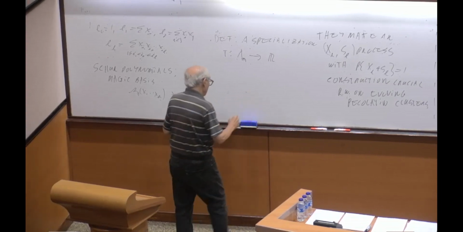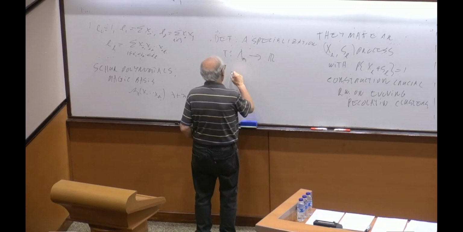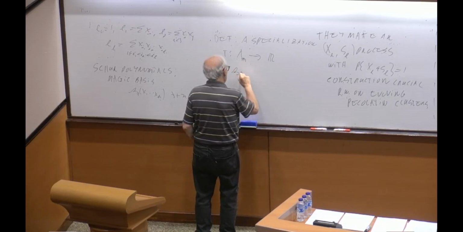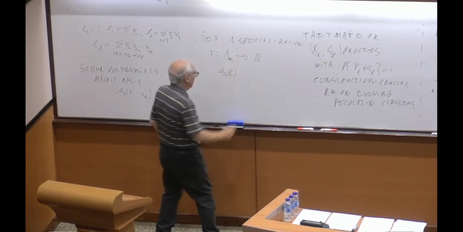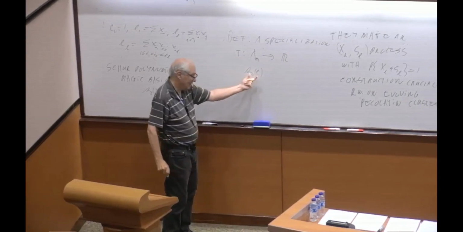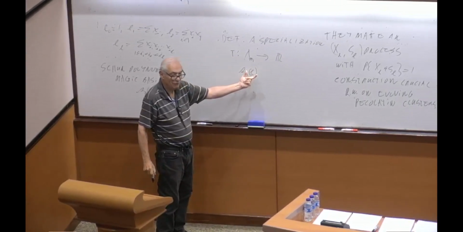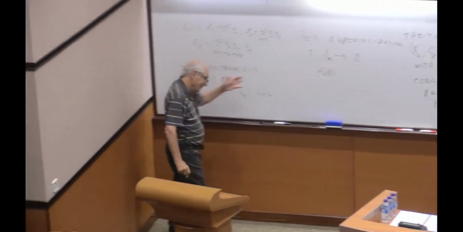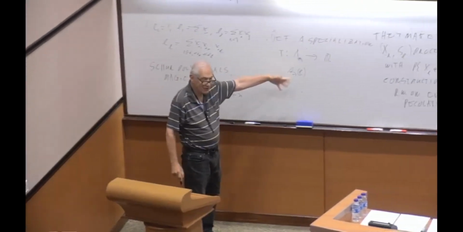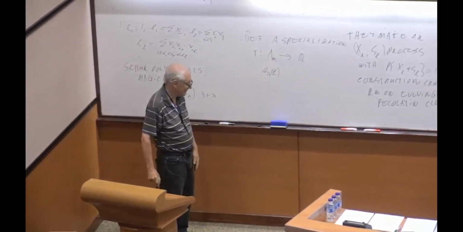And I'm going to write s_lambda of rho, where rho is going to be a vector of m numbers. Those aren't the only specializations, but those are a lot of specializations.